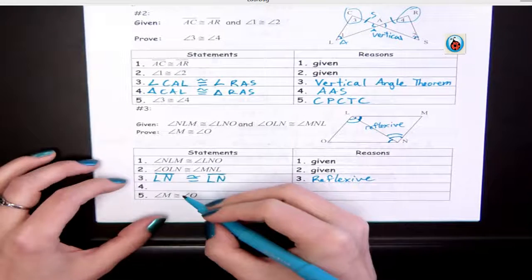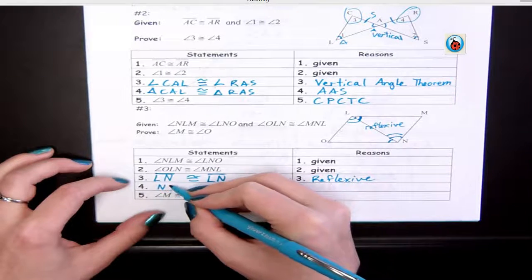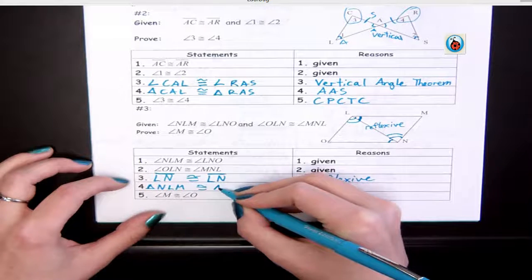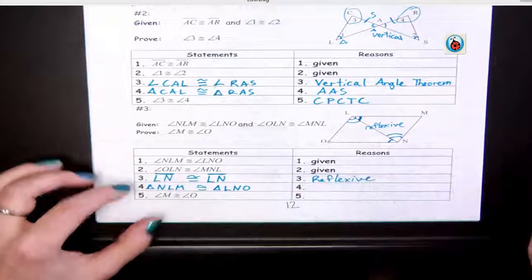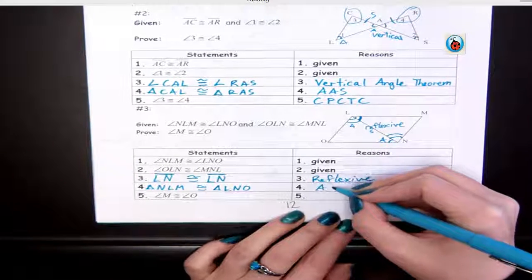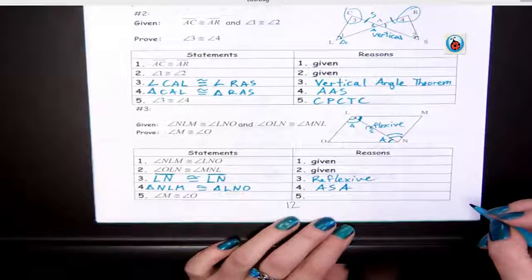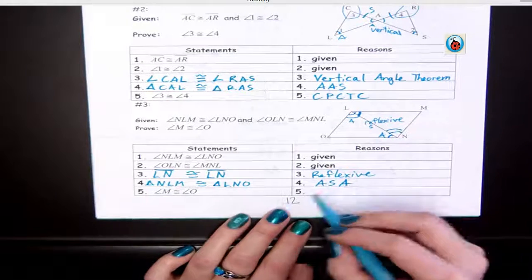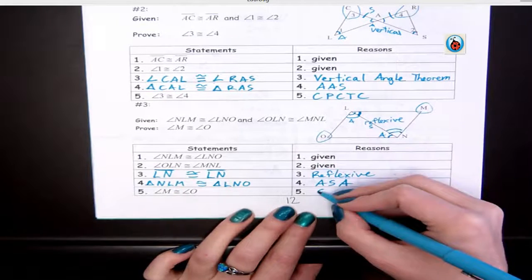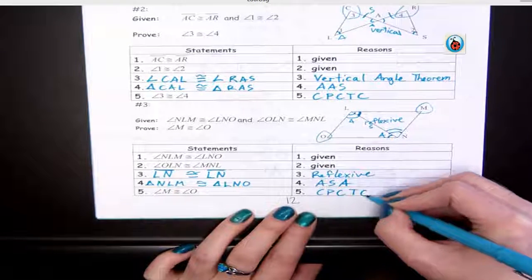Therefore, my triangles NLM is congruent to LNO by my angle, side, angle. And because they are congruent, angle M is congruent to angle O by our CPCTC.